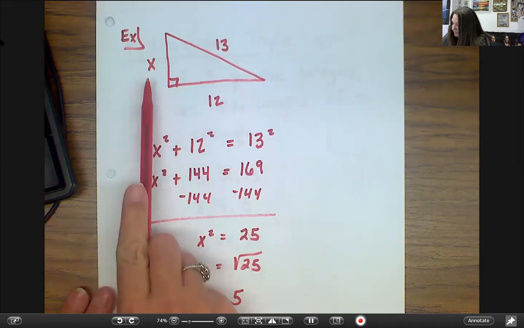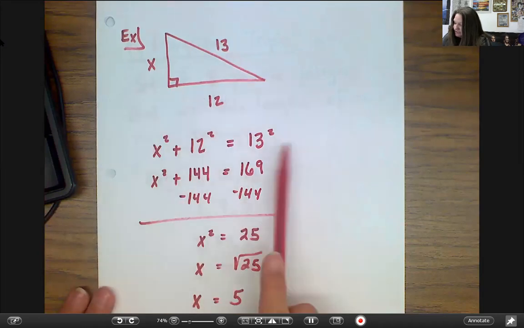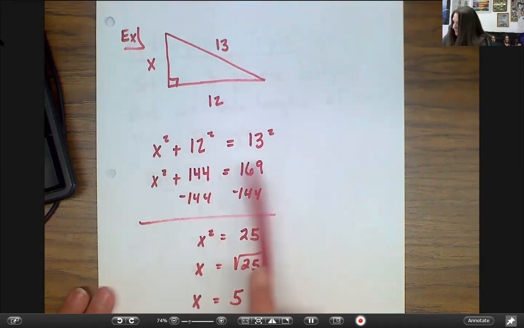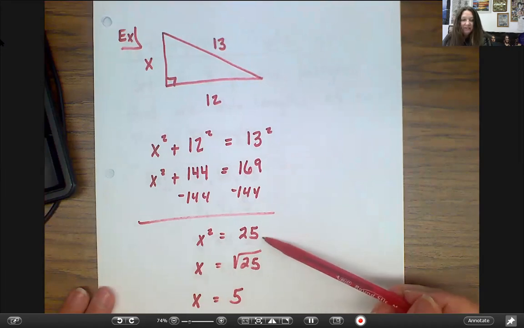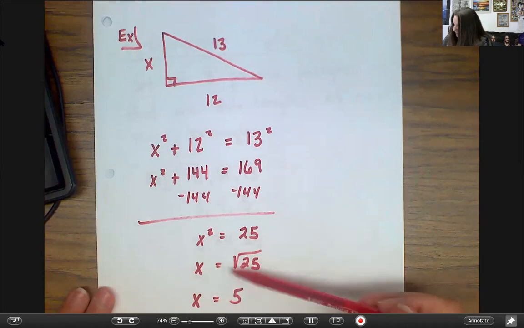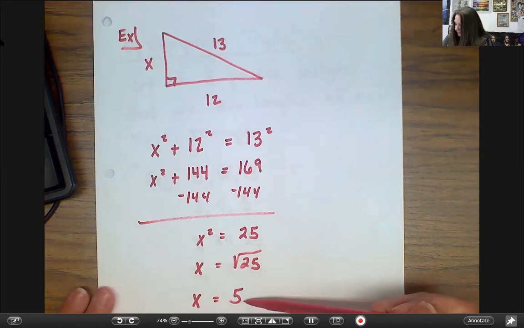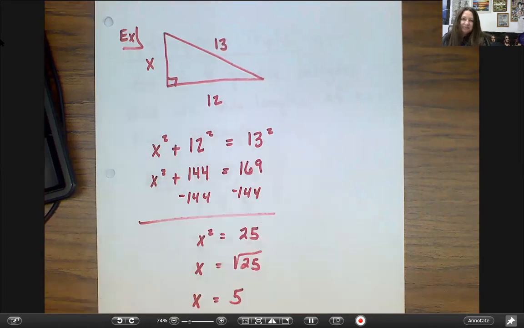So I have x squared plus 12 squared equals 13 squared. The 12 squared is 144. 13 squared is 169. So if I subtract 144 from each side, I get 25. We square root, we get the square root of 25, which is a perfect square, or 5. So then in this case, my side length is exactly 5.